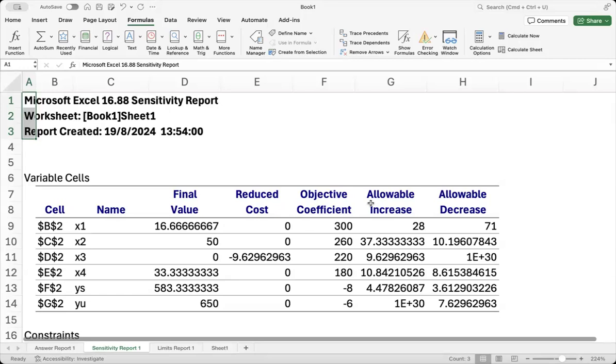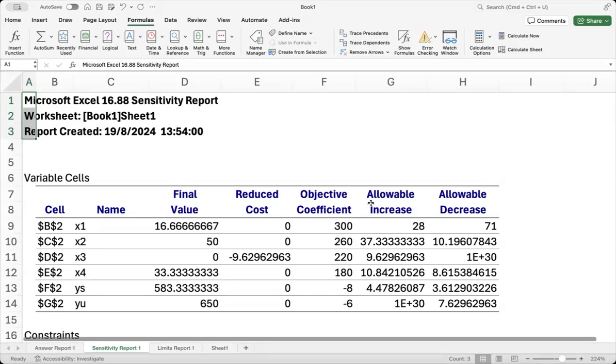Allowable decrease means this coefficient 300 can decrease down to 229 without changing the solution. Or it can increase to 328 without changing the solution.